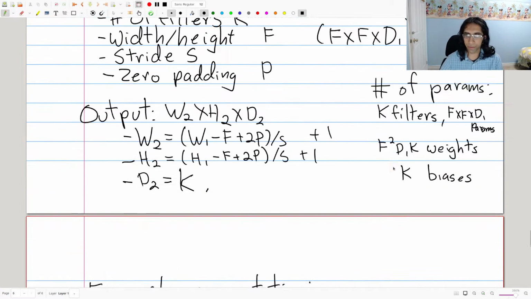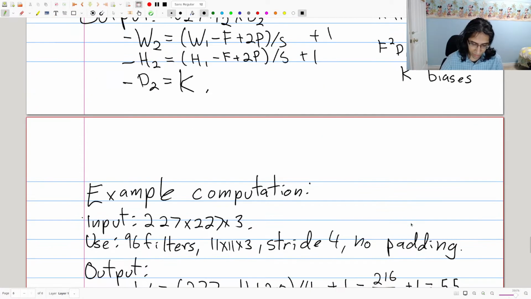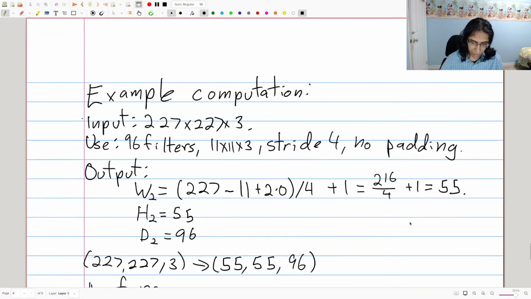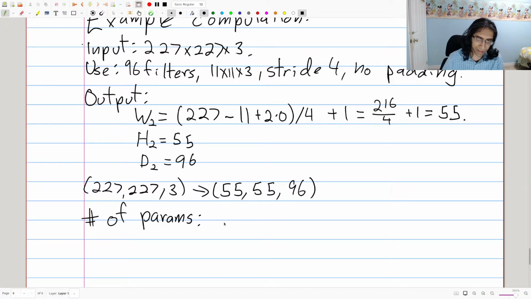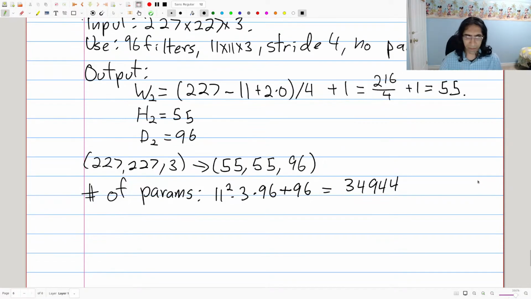For this layer, we just did the calculation: F squared D1 K weights and K biases. So that's not too hard to write out. That's just 11 squared times 3 times 96 plus 96, which is equal to 34,944.